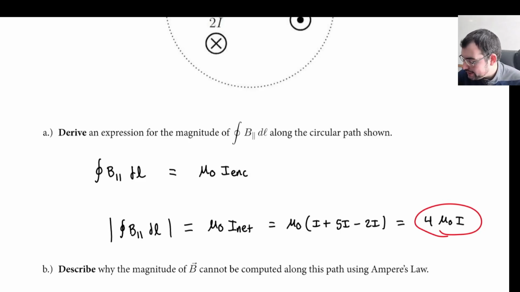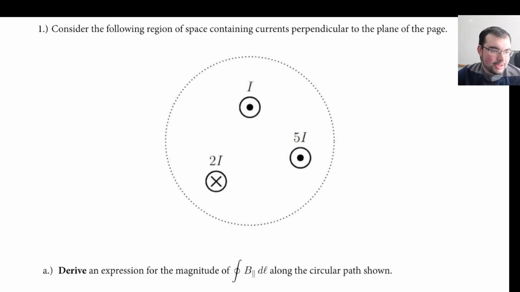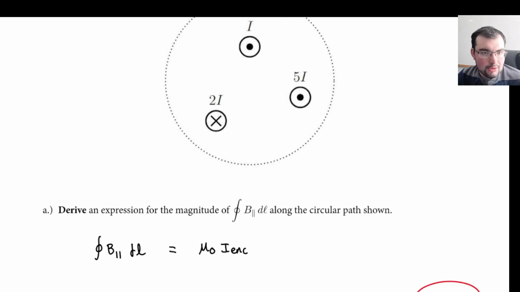All right, so why can't we actually find the B field along this path? Like, Ampere's law is always true, but why isn't it useful on this path? Well, just think about it. This is going to be an absolute mess because you'd be generating a B field that way. This generates sort of 5 of those, so there's no symmetry. That's really just the quick answer, right?